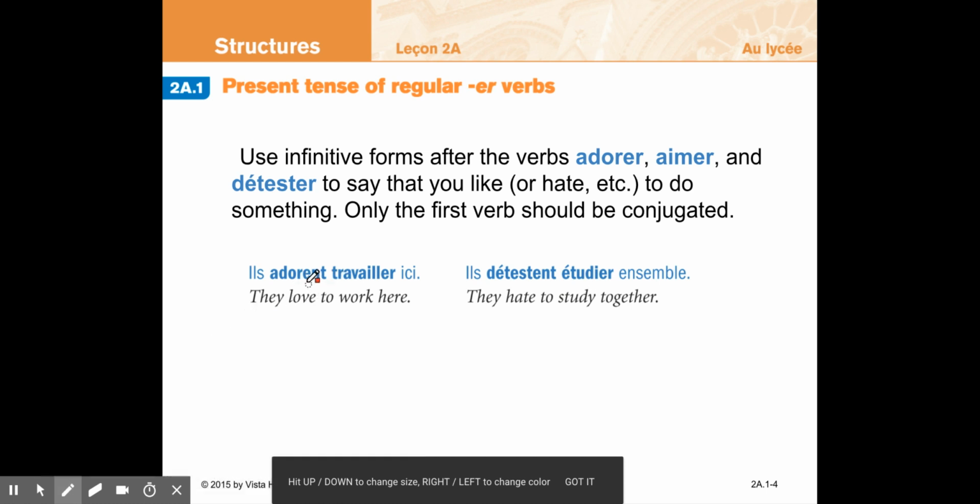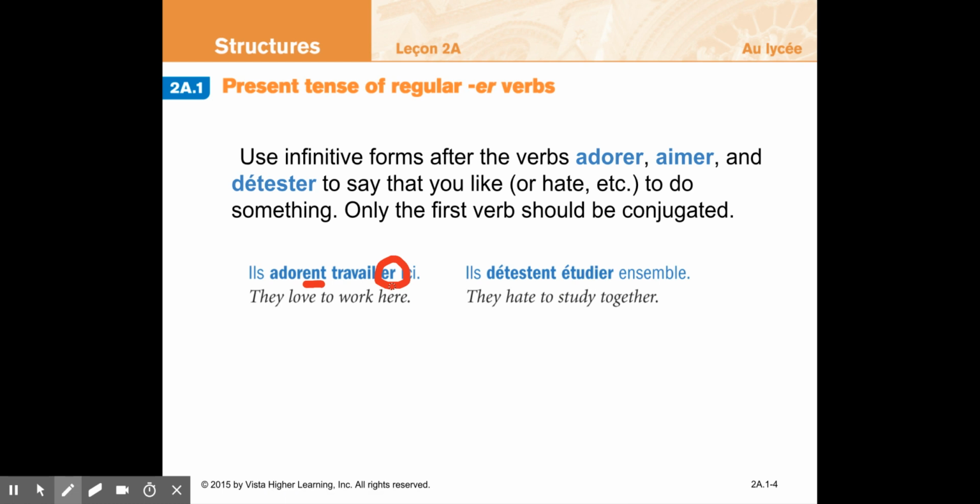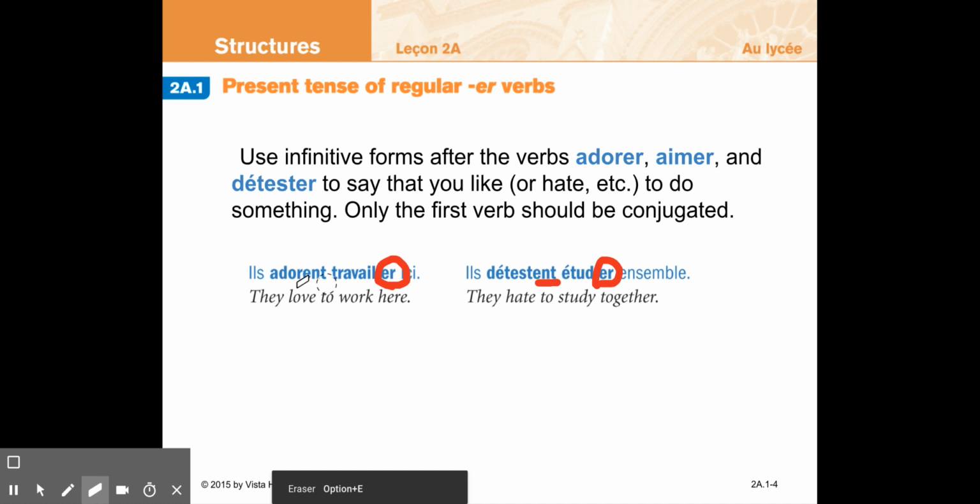You have ils adorent is conjugated with that ENT, but the travailler, note, it still has that ER on the end. So it's they love to work here, just like we say in English. Ils détestent étudier ensemble. They hate to study together, just like we say in English. So that's all the same.